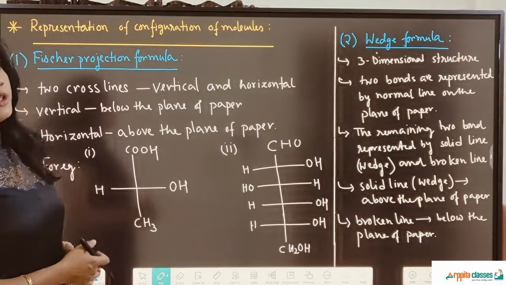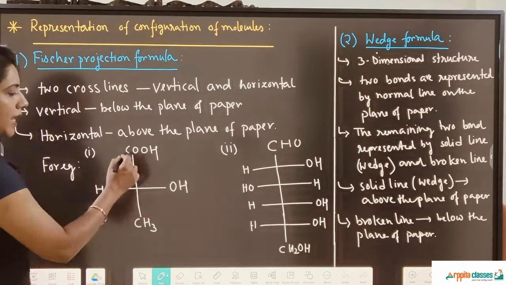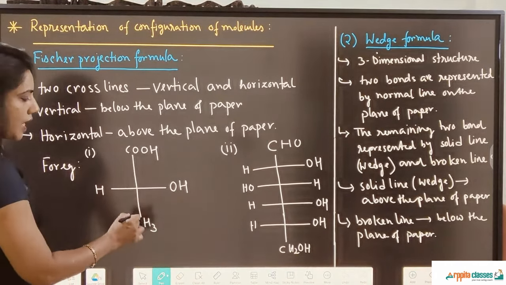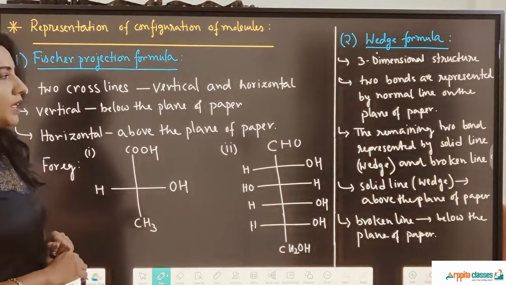So what is the Fisher projection formula? Here we have to first draw two cross lines, one vertical line and one horizontal line crossing each other.